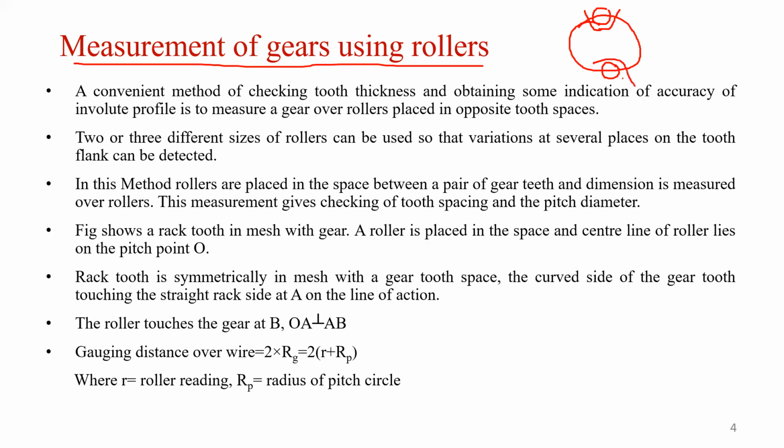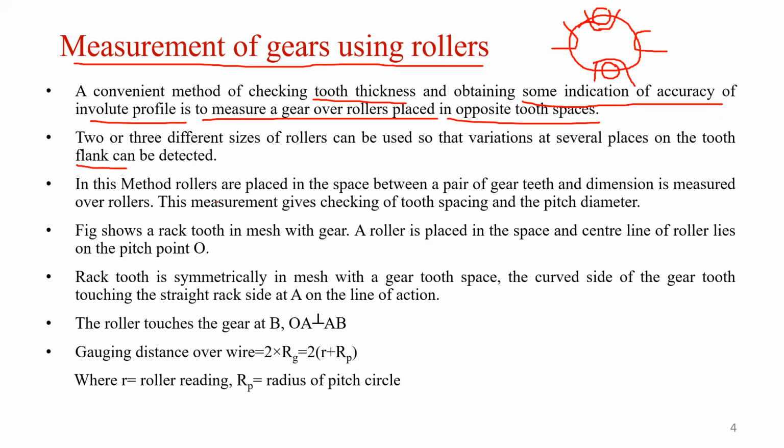This will be a convenient method of measuring or checking the tooth thickness and obtaining some indication of the accuracy of the involute profile, by measuring the gear over the rollers when they are placed in opposite tooth spaces. Here we can use different sizes of rollers, which are placed in the spaces of the opposite teeth, to measure the variations on the tooth flanks.